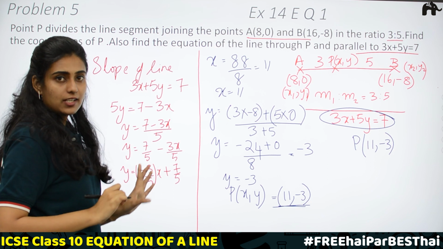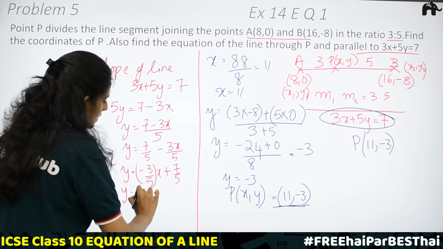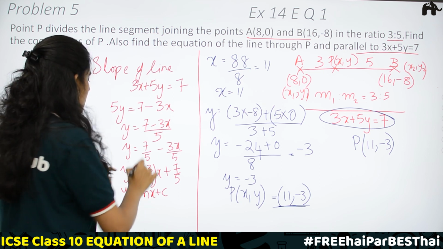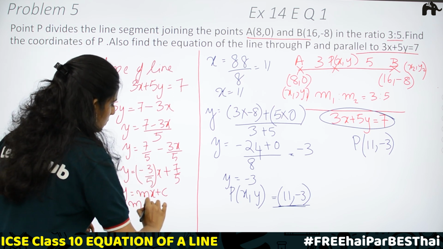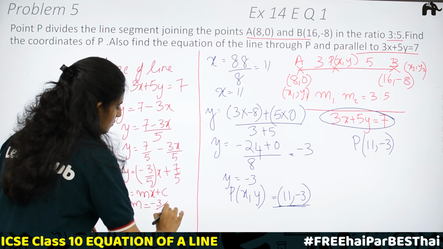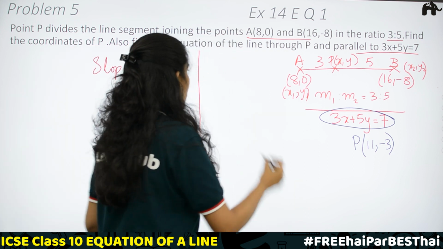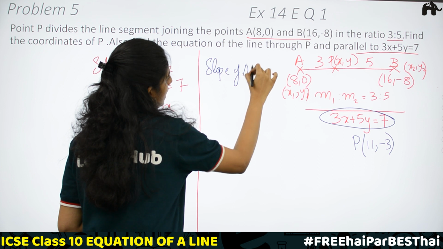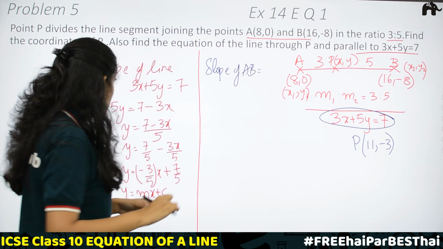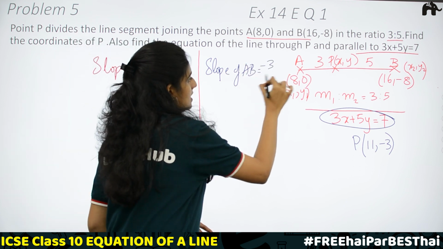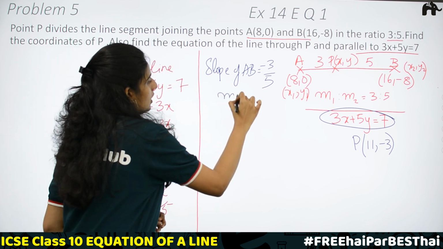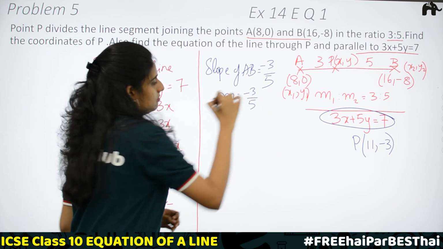So, comparing with y is equal to mx plus c form, that is the slope intercept form, we get slope m is equal to minus 3 by 5. So, the slope of AB is also equal to minus 3 by 5 since they are parallel lines. We got the slope m is equal to minus 3 by 5.